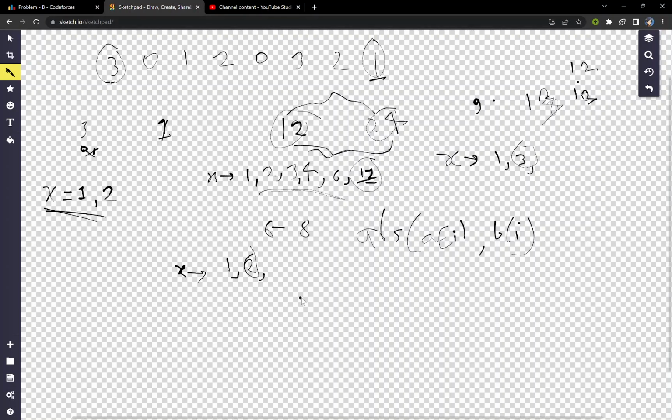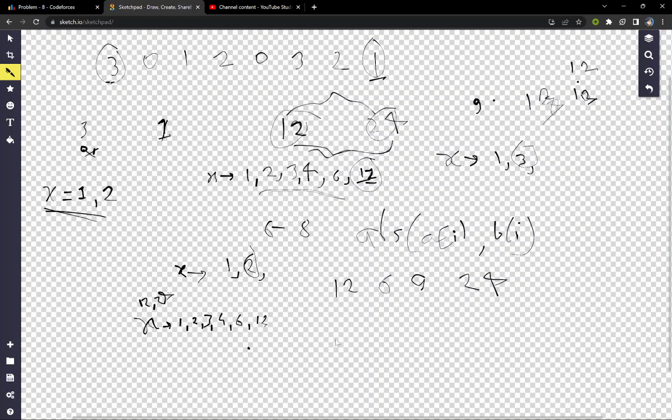So if we have all these numbers like 12 and 24 and here 6 and 9, what can our optimal x be? One pair is 12 and 24. For this first pair, the value of x can vary as 1, 2, 3, 4, 6 and 12.